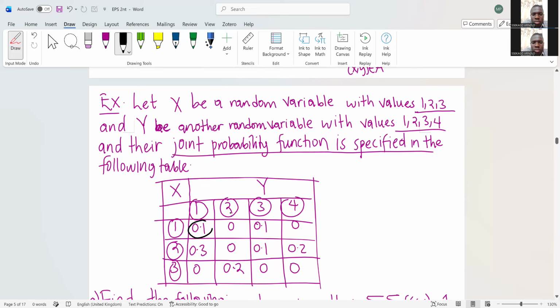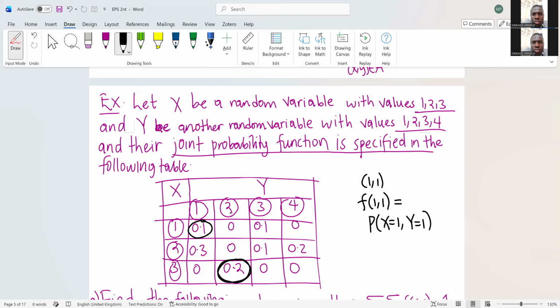And they are jointly distributed, implying that now look at where I'm highlighting with black, 0.1. Now for 0.1, that is for a pair 1, 1. Do you know what that means? That means f of 1, 1. And f of 1, 1 means probability of X equals 1, Y equals 1. Now look at the 0.2, which I am highlighting here.